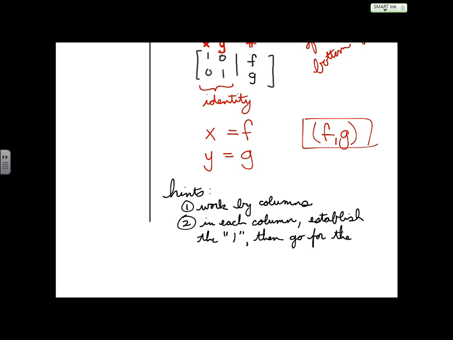Now guys, obviously this is not very precise and not very mathematical. This is my own personal way of saying it. But establish the one, then go for the zeros. Work by columns, establish the one, then go for the zeros. That's the process.